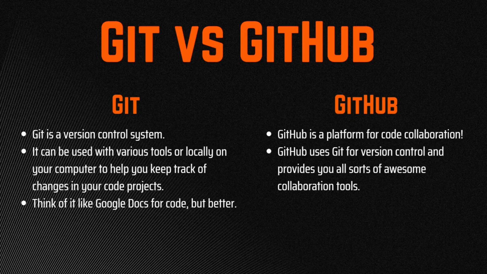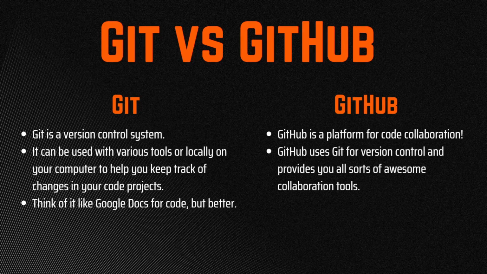So that being said, Git is the software behind the scenes that gives the version control functionality, and GitHub is a provider, so it's a cloud service. It's kind of like a social network for developers, let's say.